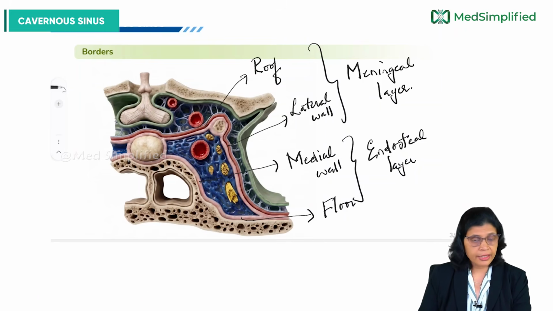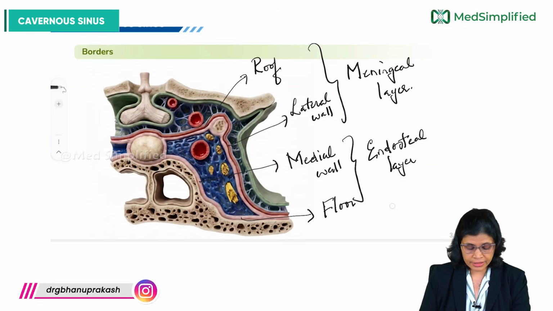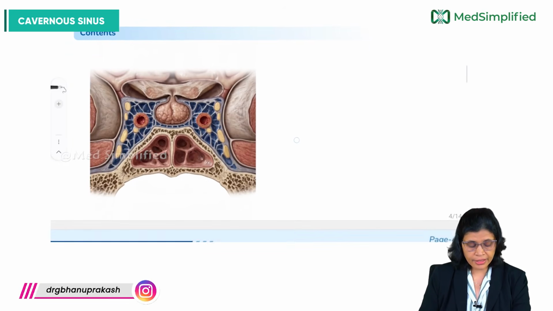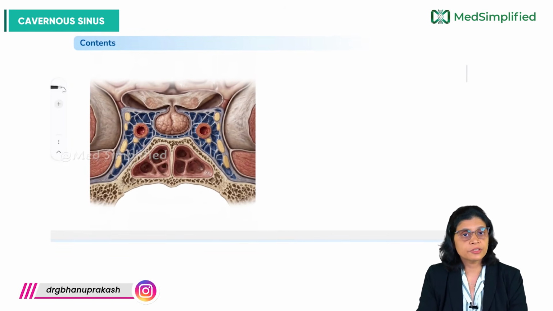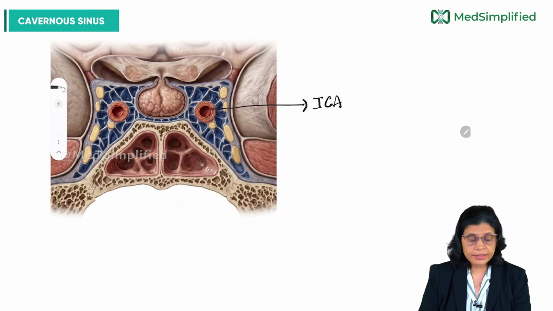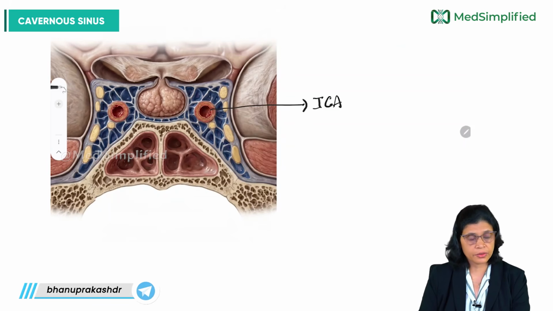So let's see the contents. The contents of the cavernous sinus are very important. We have the contents within the sinus, as well as the contents along the lateral wall. Running within the sinus, we have the internal carotid artery.